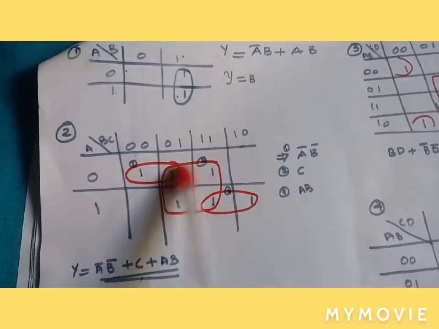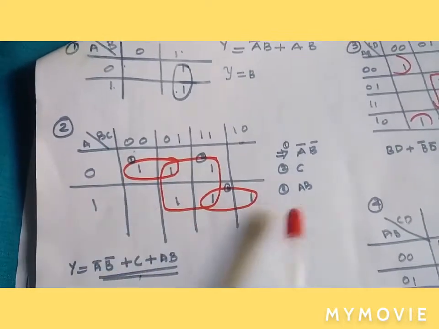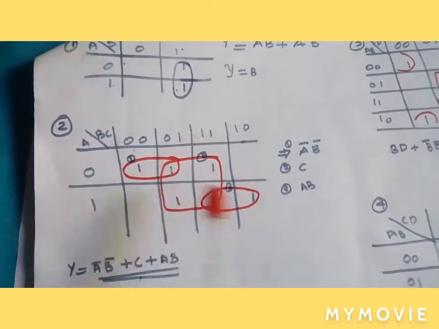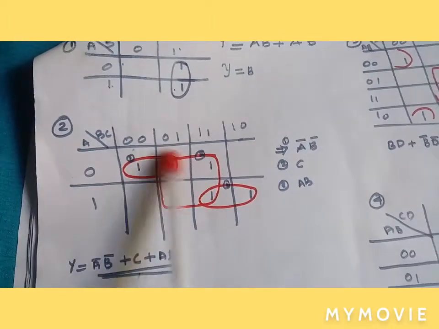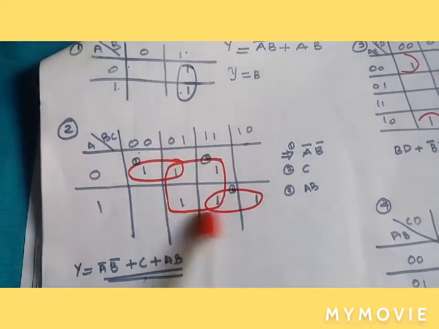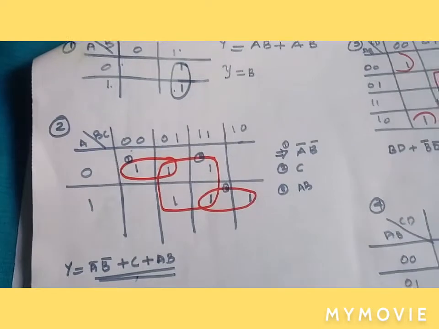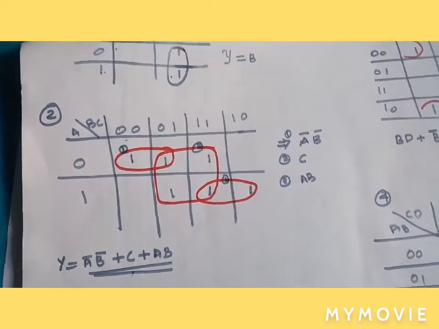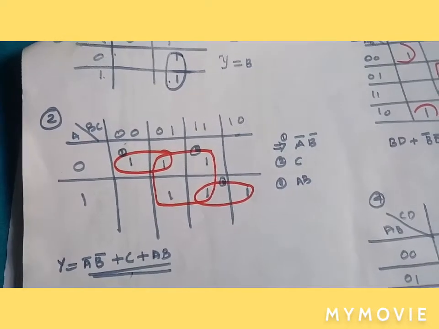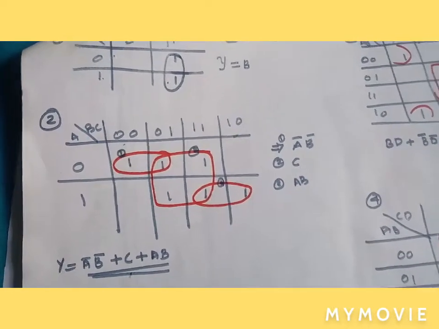So we get a quad from here and 2 pairs. Here is one more possibility, 1 pair here, 1 pair here, 1 pair here, 1 pair here, but that is more difficult. If there is a chance to enlarge the group, that larger group will be acceptable.